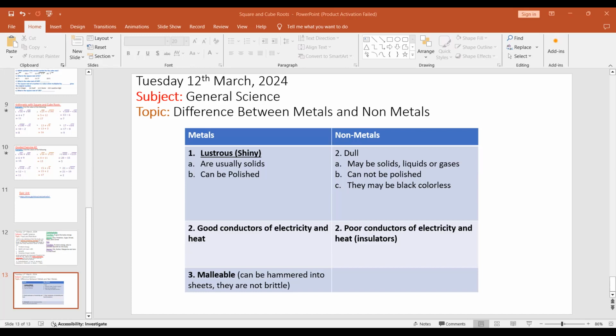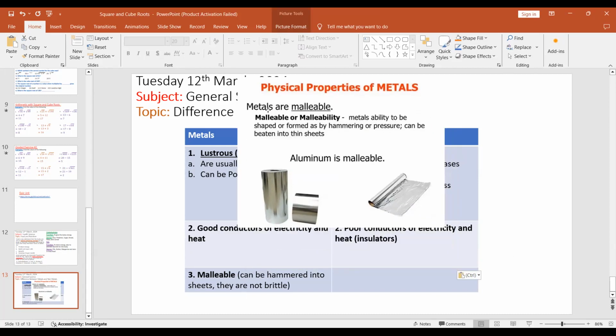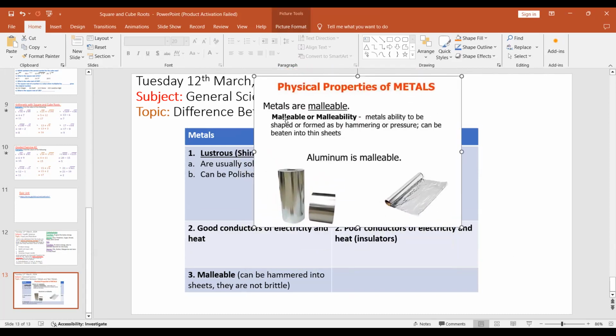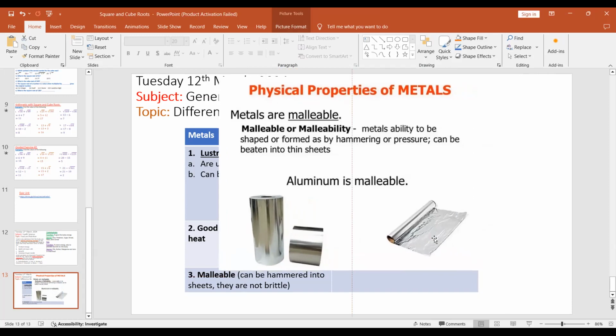Aluminum is malleable. When you think about aluminum, you think about aluminum sheets, right? Anyone use aluminum sheets? Yes, sir. I don't even really know what an aluminum sheet is.